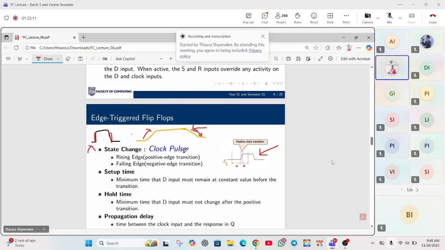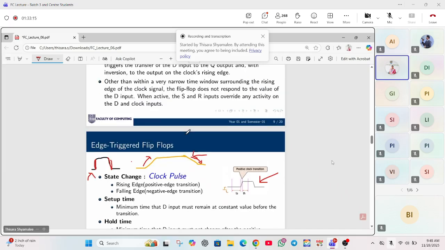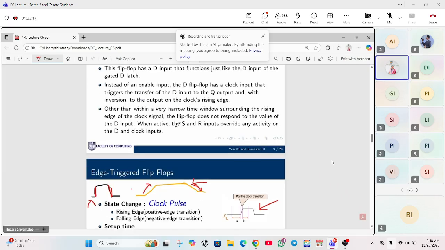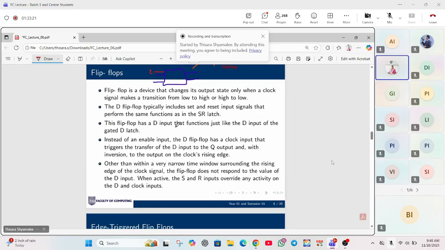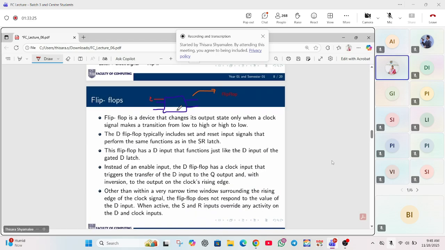Yes, that's correct. But under this slide, we are not going to introduce the enable point here, though there is an enable point in this flip-flop. By the way, we are not going to introduce that one.